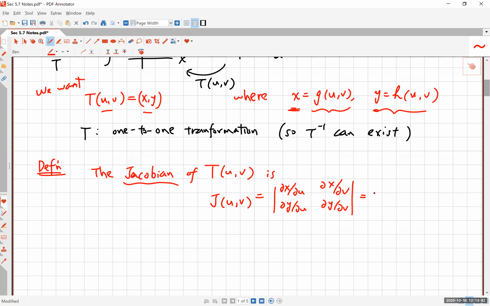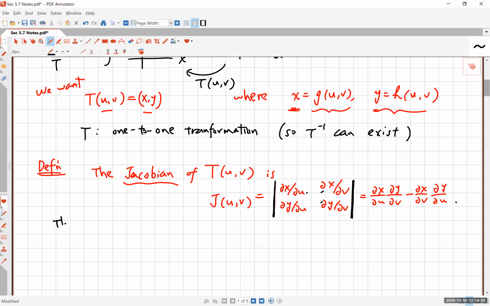Whenever I write a 2x2 matrix and surround that matrix with the set of two long lines, this means not just a matrix, but the determinant of the matrix. This is something that you learn, hopefully in pre-calculus, or it could be linear algebra. And that is this times this minus this times this, okay, which is this thing here. All right, so that's the Jacobian.